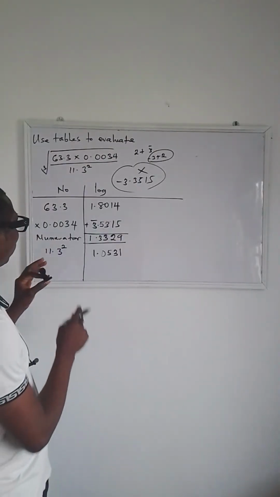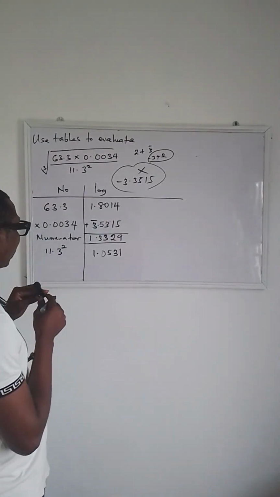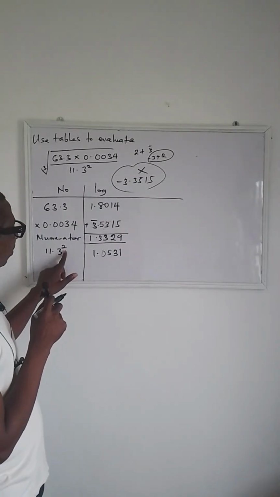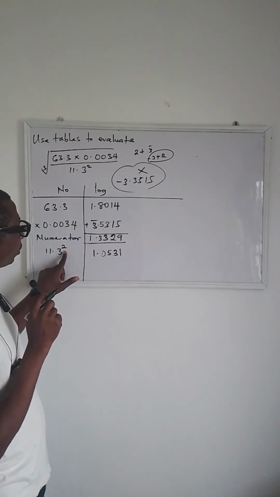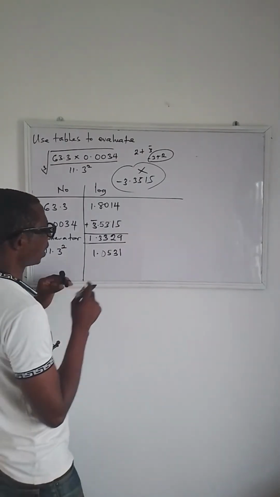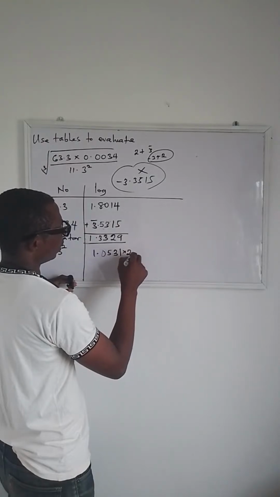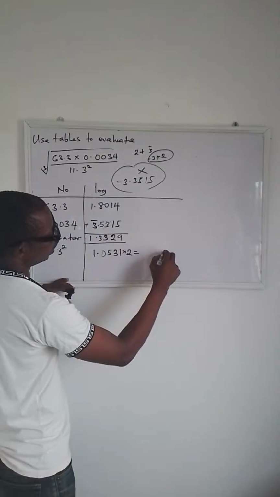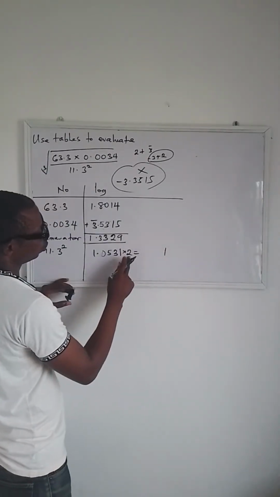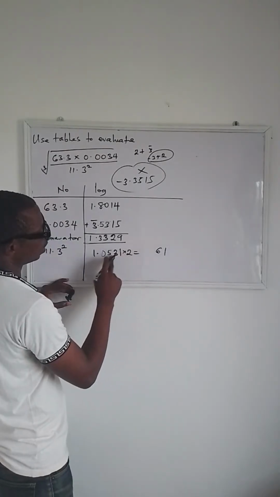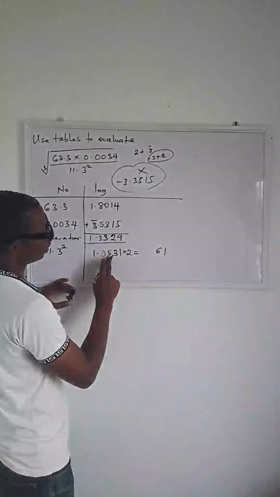All right, now we have checked 11 under 3. So now you have a power of 2. The next thing is to multiply what we have here by 2. Multiply by 2, what do you have? 2 times 1, we have 1. 2 times 3, that is 6. 2 times 5, that is what?